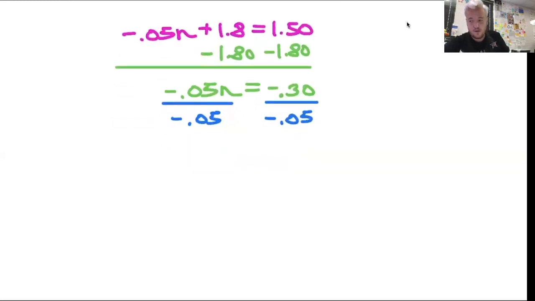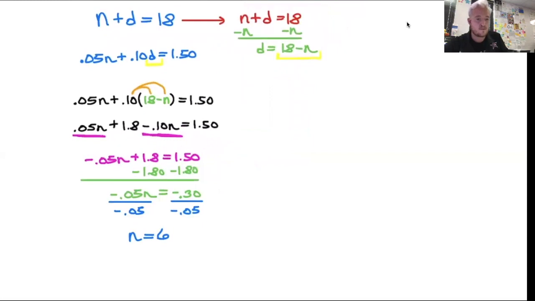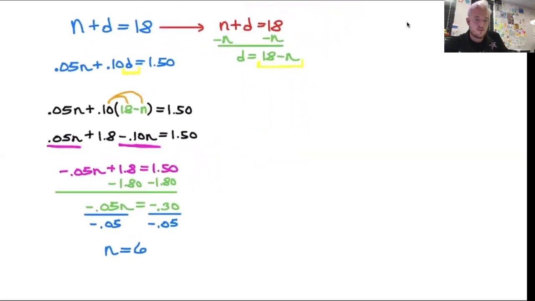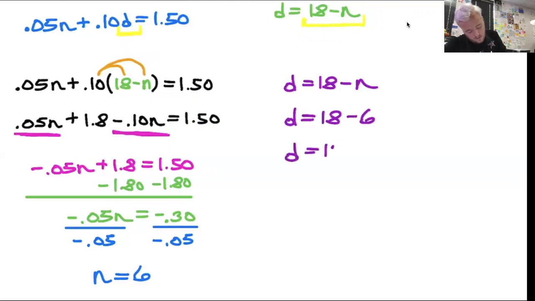When you divide, you're going to get 6. So we have 6 nickels. Same as before, now I want to solve for the number of dimes. I'm going to use this equation up here since it's already solved for dimes. So D equals 18 minus N. Dimes equals 18 minus 6, which means I'm going to have 12 dimes.